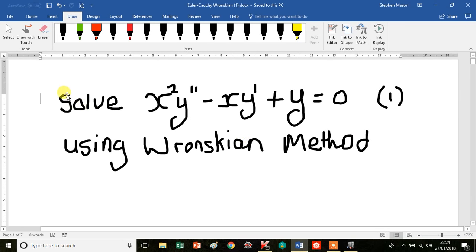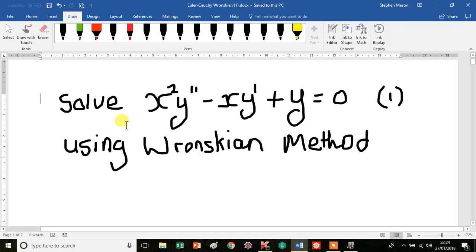Okay, we're going to solve the following linear ordinary differential equation using the Wronskian method of solution. Now, equation 1 here, which is x squared y double prime minus x y prime plus y equals 0, is actually a Cauchy-Euler equation.